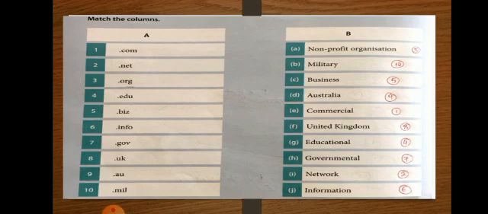Okay, so these are some domain suffixes given here. You have to identify the domain name.